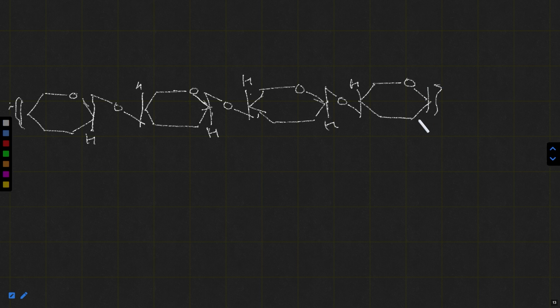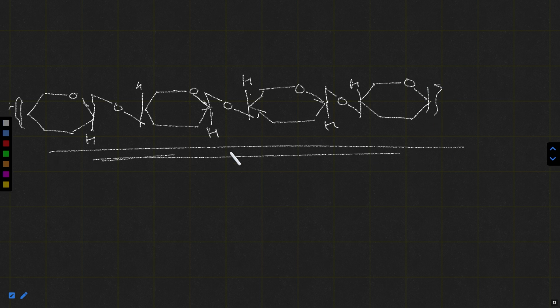So this is our cellulose, which is made up of beta-D-glucose.